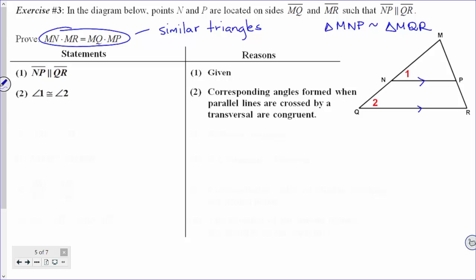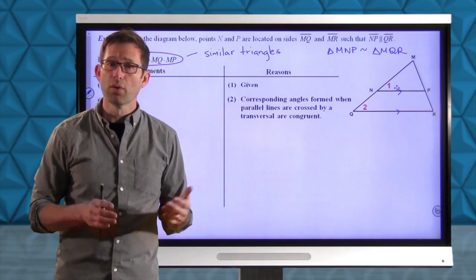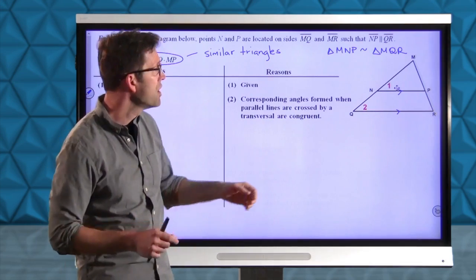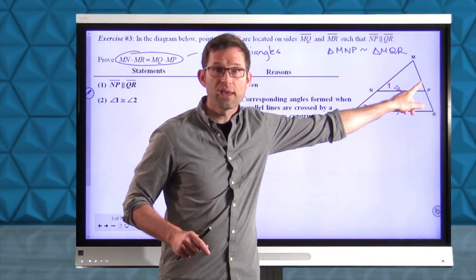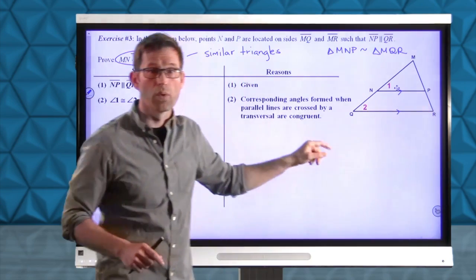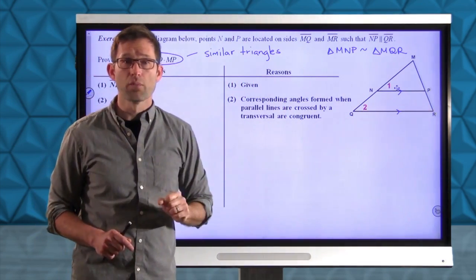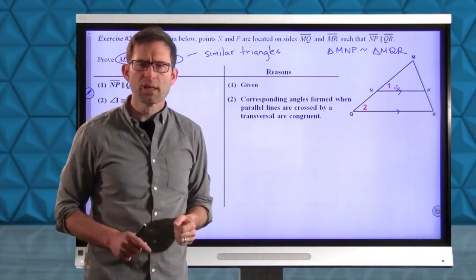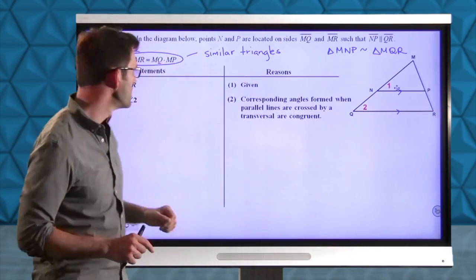And that wordy statement: corresponding angles formed when parallel lines are crossed by a transversal are congruent. Now, if you're heads up and you want to save yourself a little bit of space, you could have also easily labeled this angle 3 and this angle 4 and also claimed that those two were congruent for exactly the same reason. That's fine.